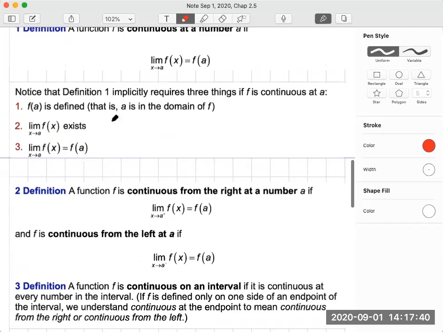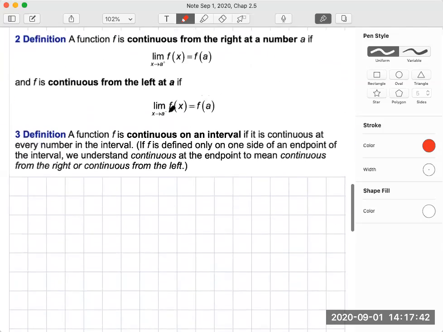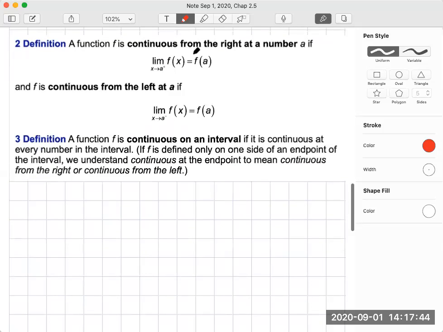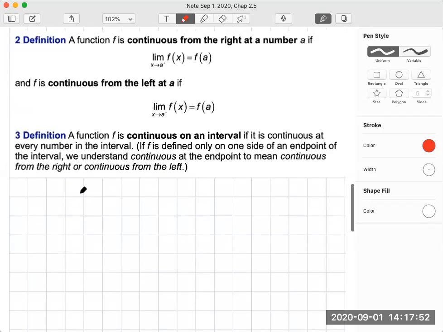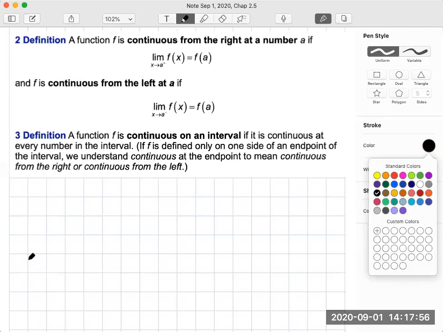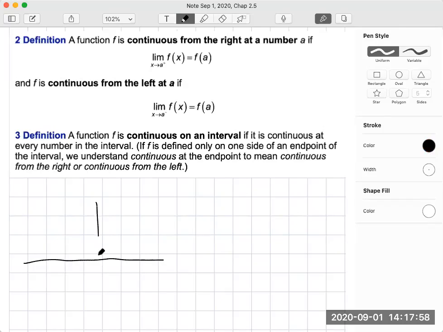From this definition, we have another smaller definition. f is continuous from the right of a number a if the limit from the right side is equal to f of a. It means that suppose this is the graph of a function f of x, somehow like this.